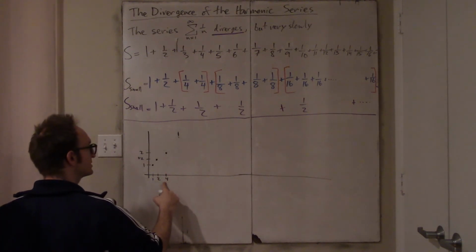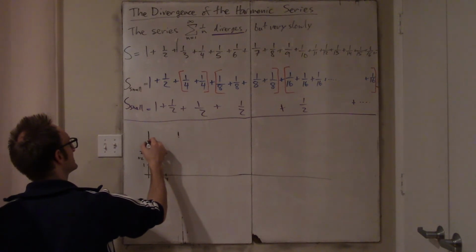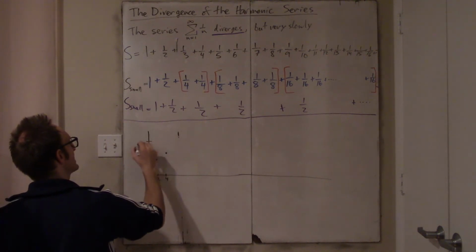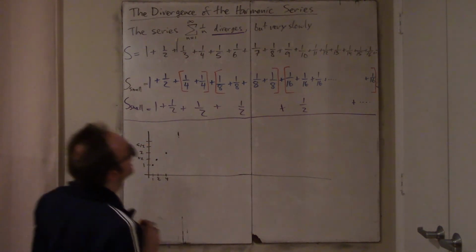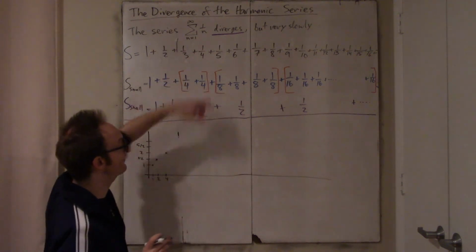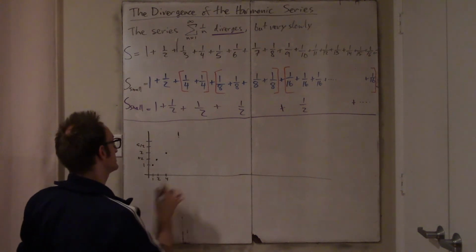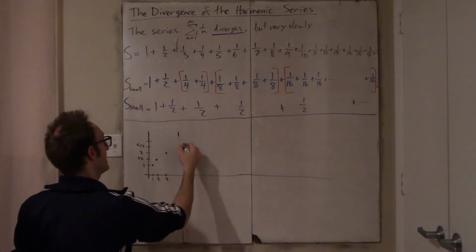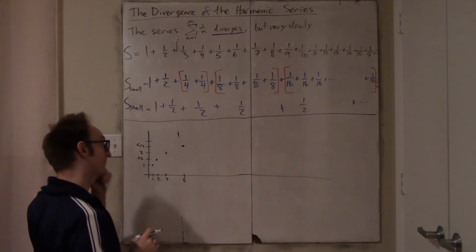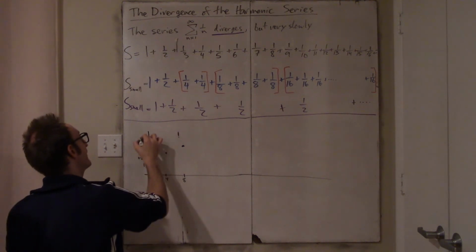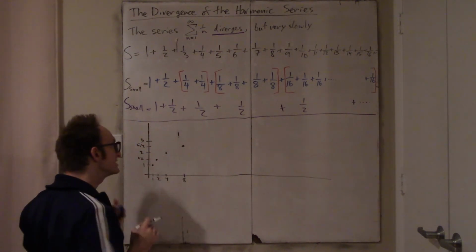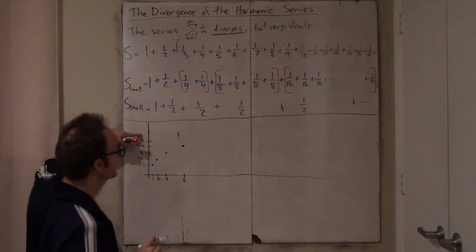Okay, how many terms do I need to get to 2.5? Well, to get another half of growth, I now need 4 more terms. So I need to go out to the 8th term in order for the sum to be 5 halves. Okay, how far out do I need to go in order for the sum to be 3?